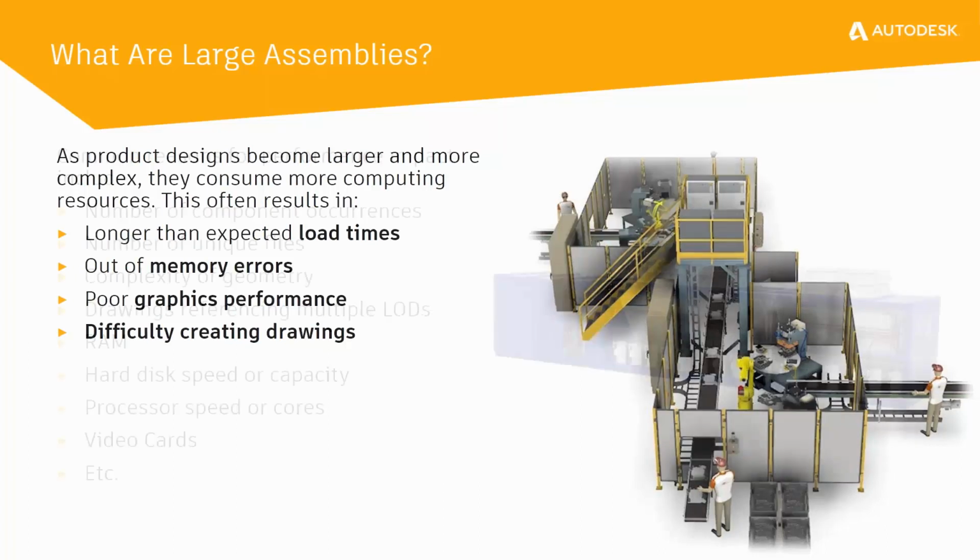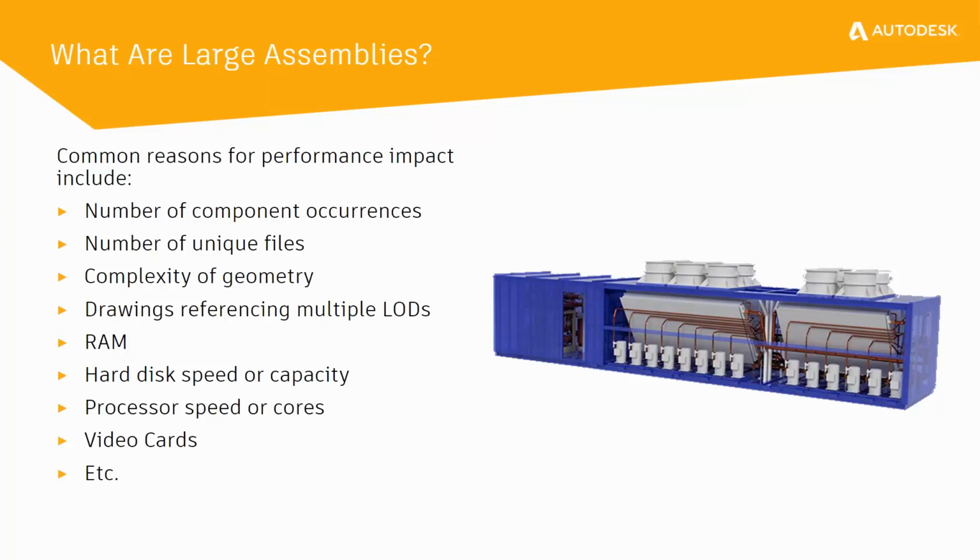The reality is that the causes for these could be quite complex, and it may not necessarily be one. It might be a combination of various different factors that actually contribute towards the performance or lack of it. So it could come down to the overall component count. It could be the number of unique files. It could be the complexity of the geometry.